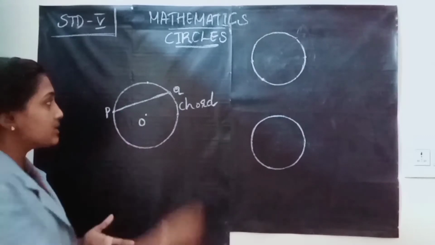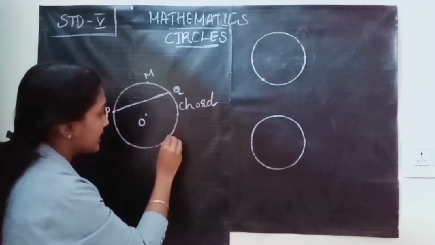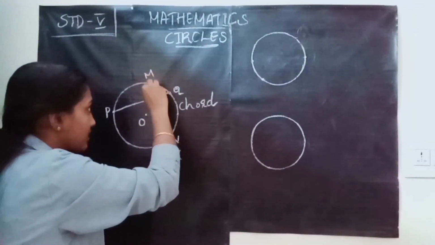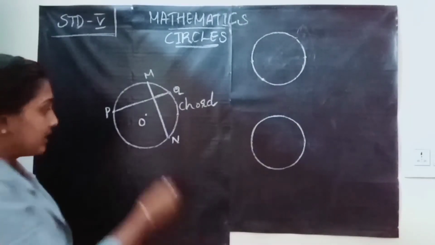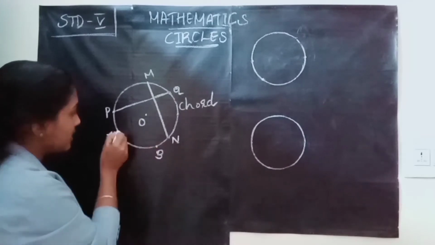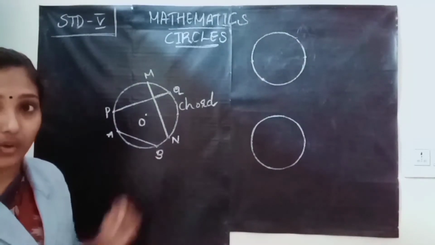If I take a point here, M, and another point N here and join them, I will get another chord. Taking a point A and a point B here and joining these points, it is also a chord.